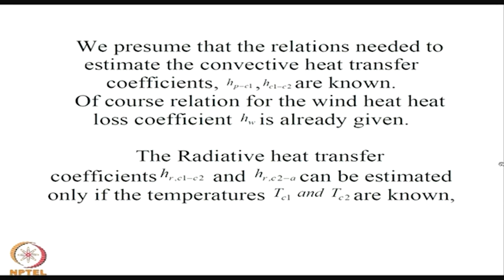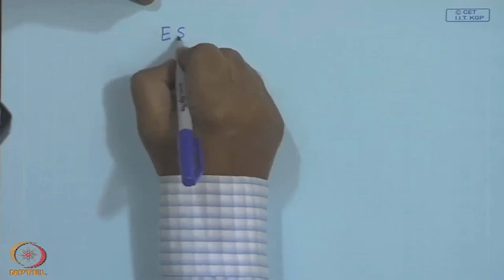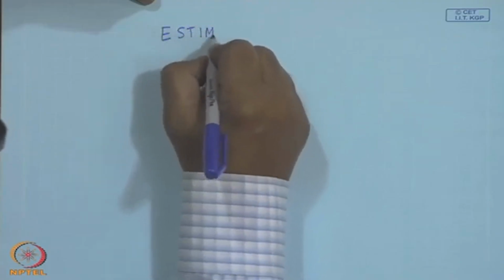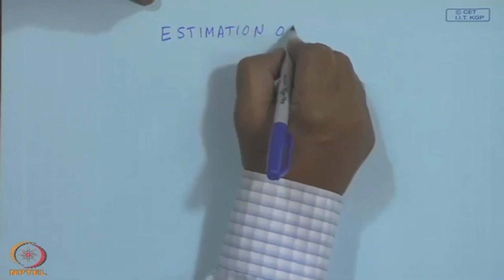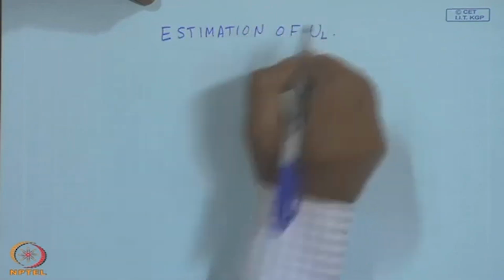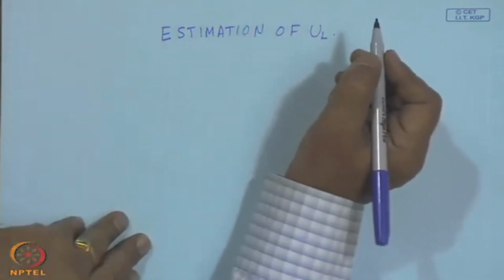So, how do we estimate now U_L? The idea is you need R1, R2, R3, R4. R4 is simple, it is L by K. So, we shall want to estimate this U_L.